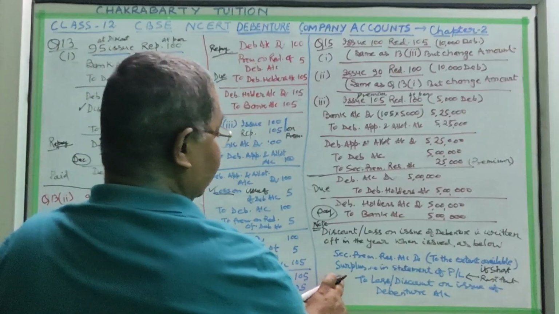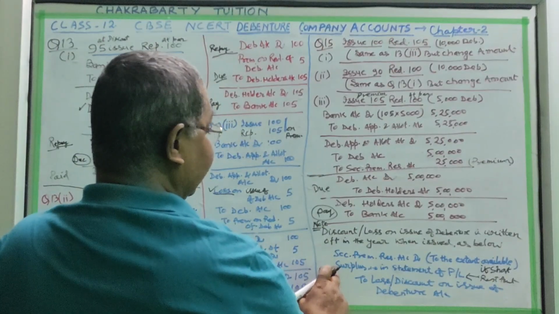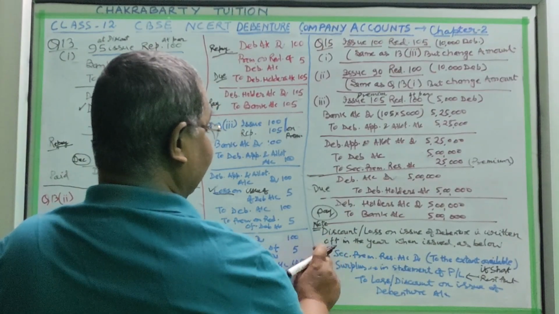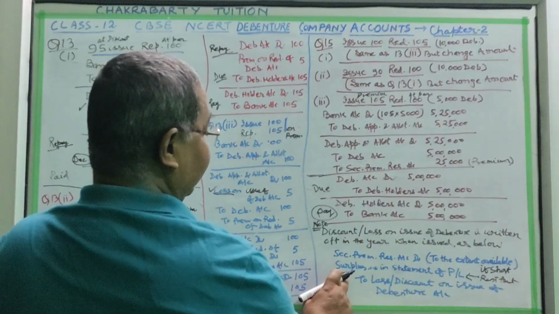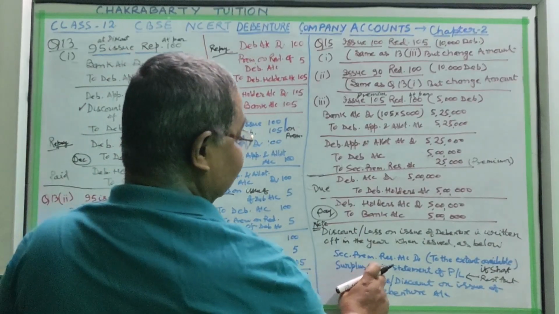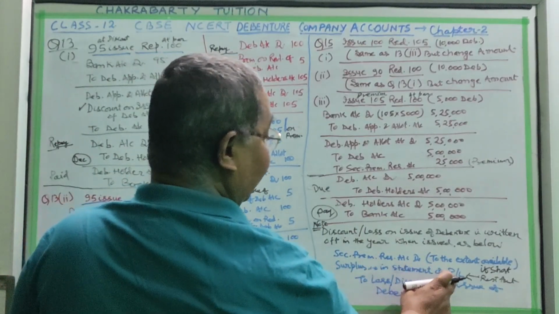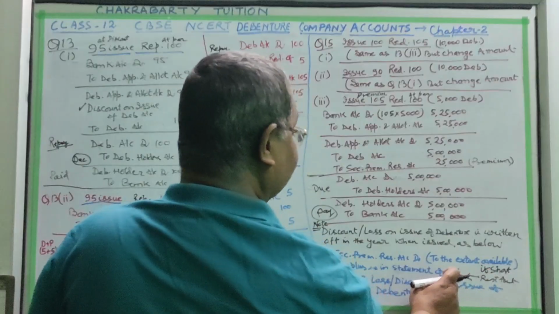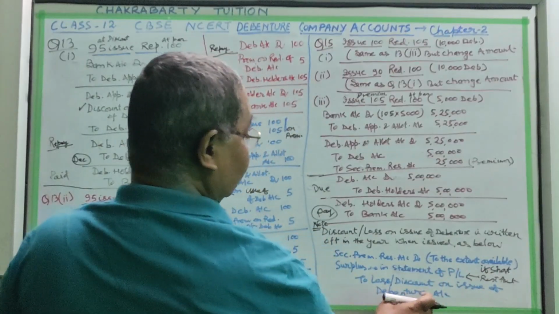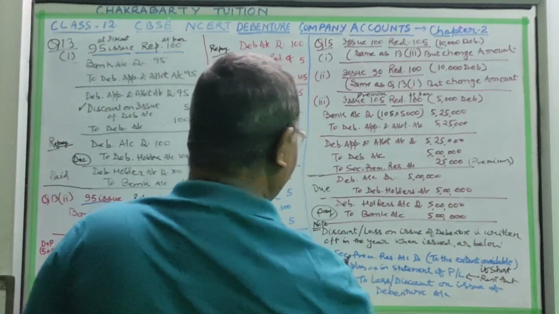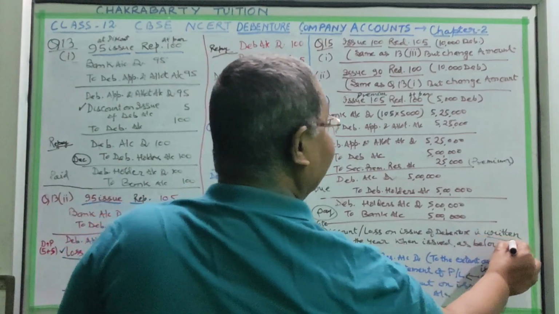It is capital profit and it is revenue profit. You debit the revenue profit, the surplus in the statement of P&L, the rest amount, and credit the loss or discount on issue of debenture. These are the written off entries.